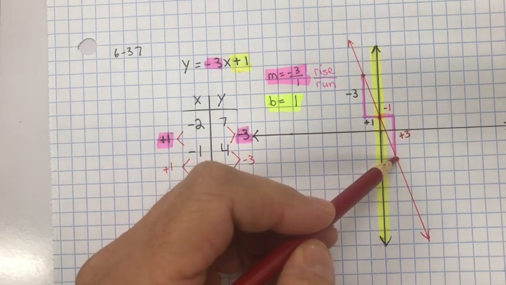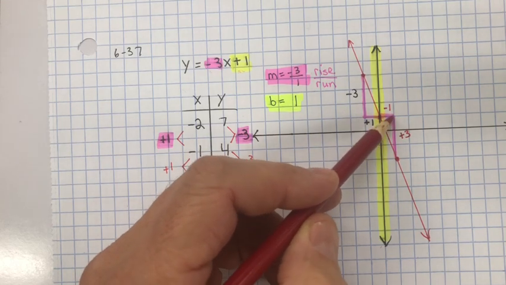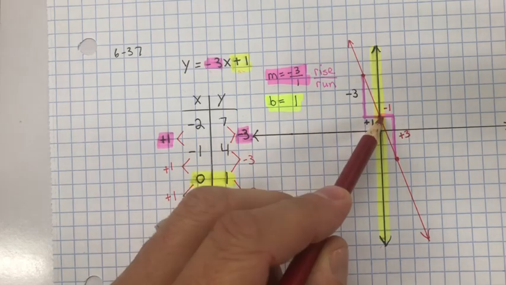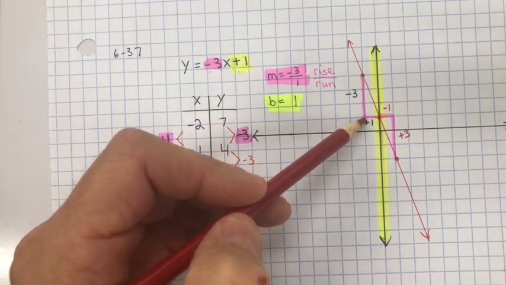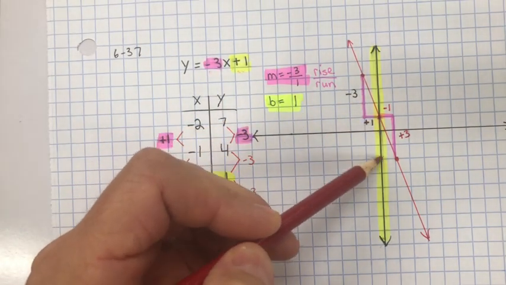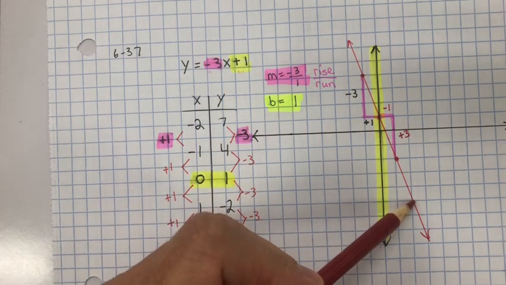Or I can do +3 over -1 because +3 divided by -1 is still -3. Negative 3, positive 1. This has a constant rate of change.